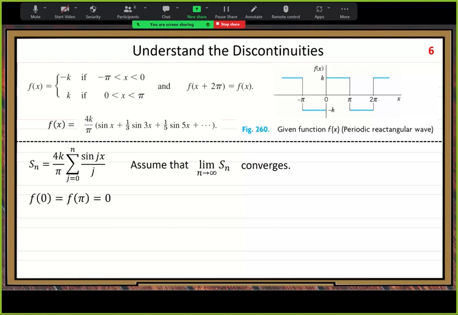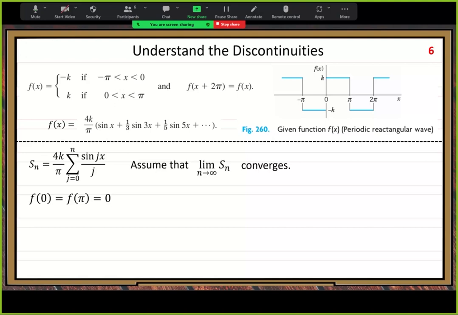So we can still handle that. But its Fourier series has a value at the 0 point.